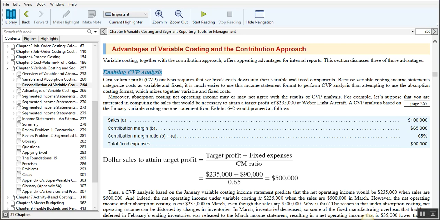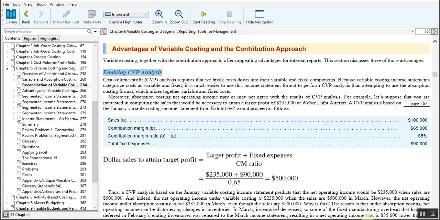Because of the CVP analysis, we have to break down costs between variable and fixed to calculate target profit, sales, break-even analysis, or anything like that. So cost volume profit analysis based on variable costs requires that we calculate some kind of a variable cost income statement.